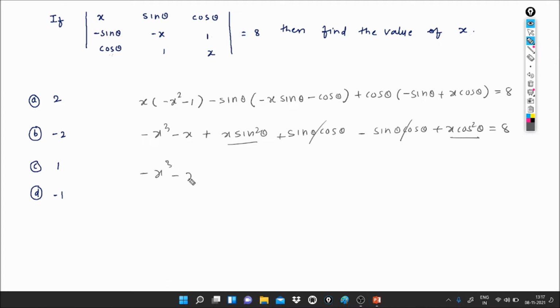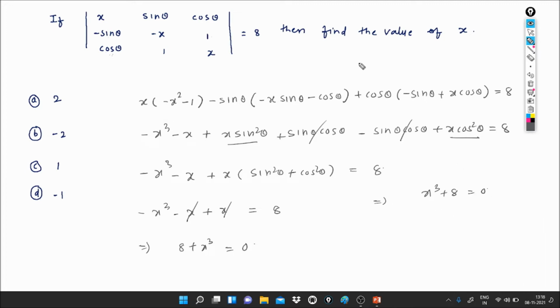Minus x cube minus x plus x, taking x common, sine square theta plus cos square theta, is equal to 8. Sine square theta plus cos square theta means 1. So minus x plus x will get cancelled. So this implies 8 plus x cube is equal to 0. This implies x cube plus 8 is equal to 0.